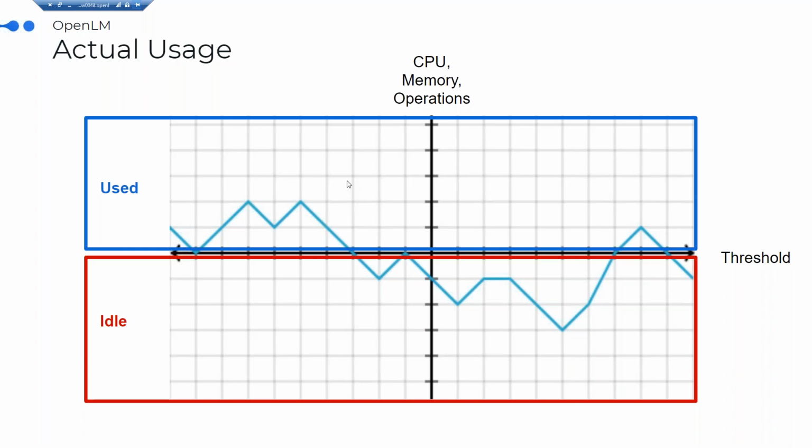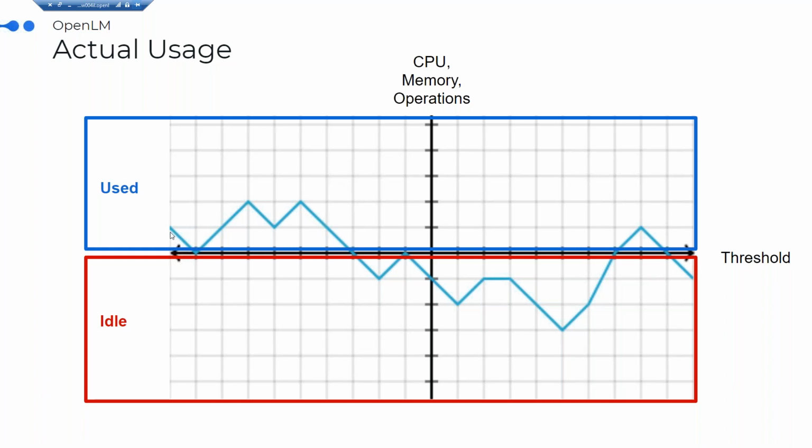Now, there is a component called the OpenLM agent that, if you have it on the end user workstations, can track the CPU, memory, and disk operations, and it can define a certain threshold.